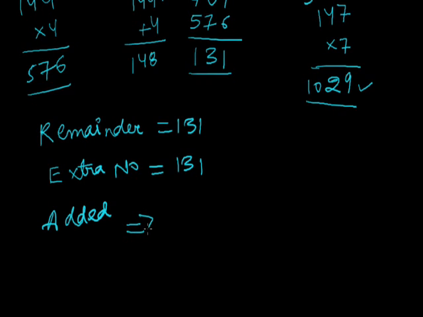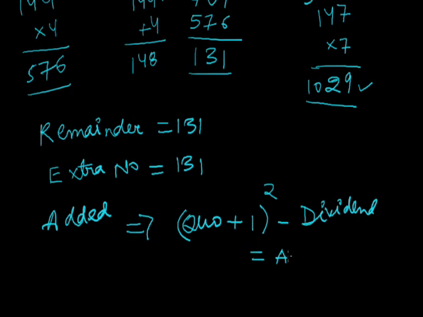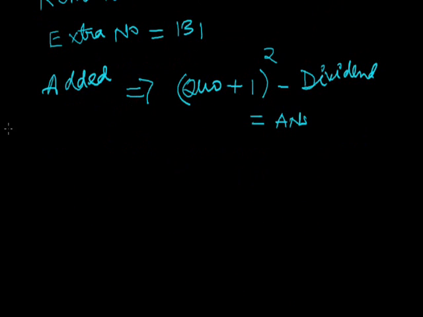Now the formula for the number which must be added is equal to the quotient plus 1 whole square minus the dividend. In this case, the quotient is 74, plus 1, whole square, minus 5607.